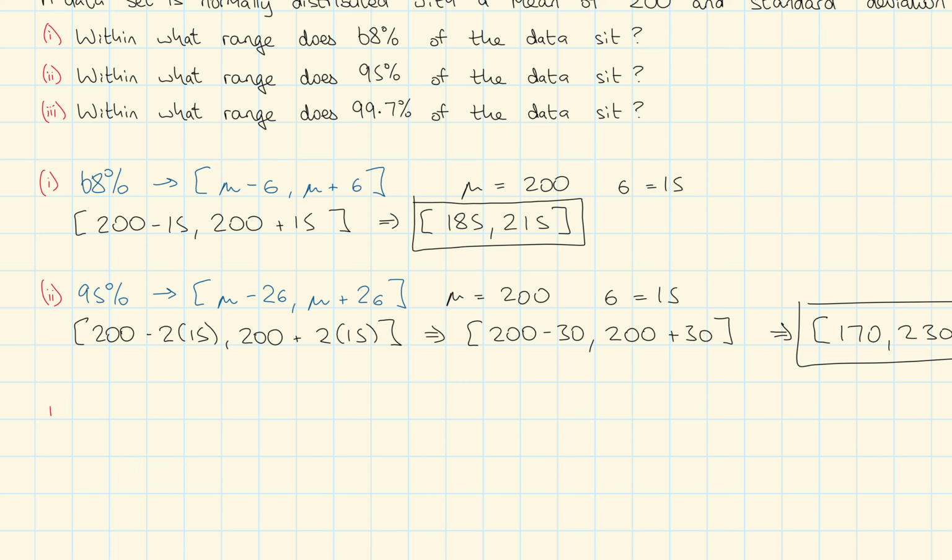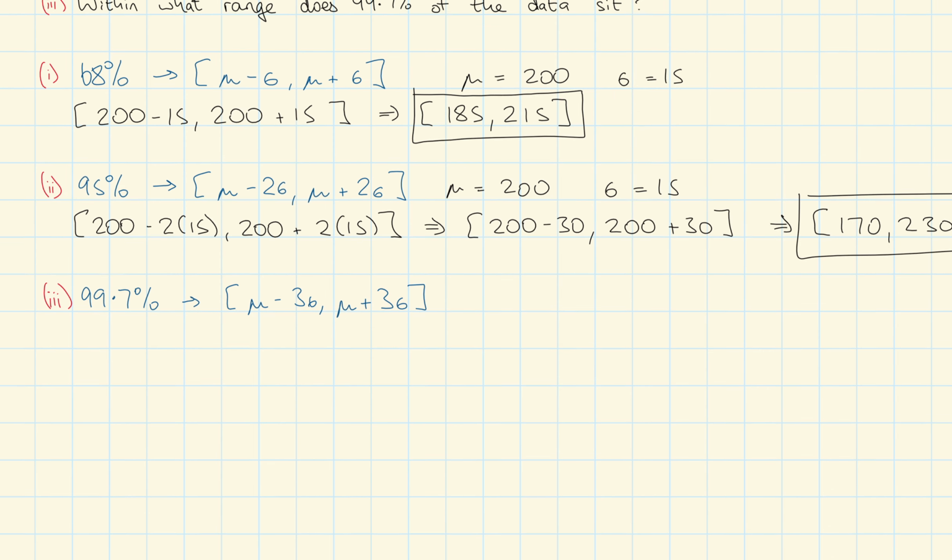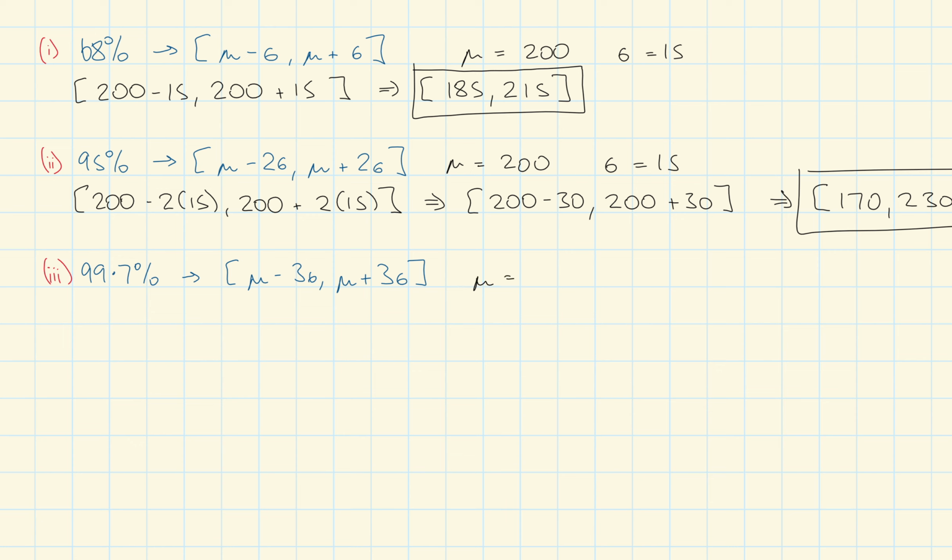In part 3, we're asked about 99.7%, so that's 3 standard deviations. So we get the mean minus 3 and then the mean plus 3 standard deviations. My mean is 200 and we have a standard deviation of 15.